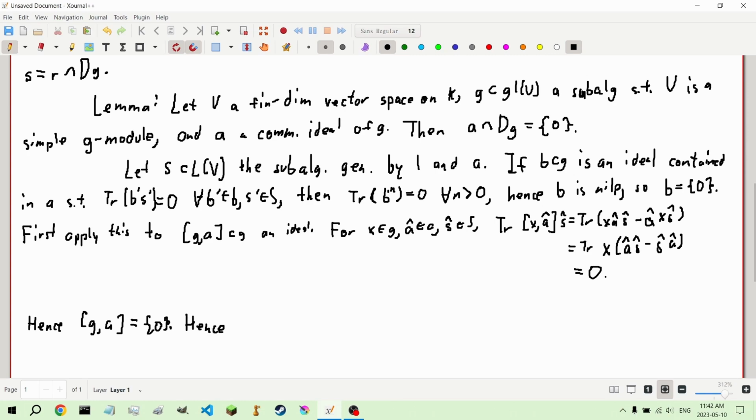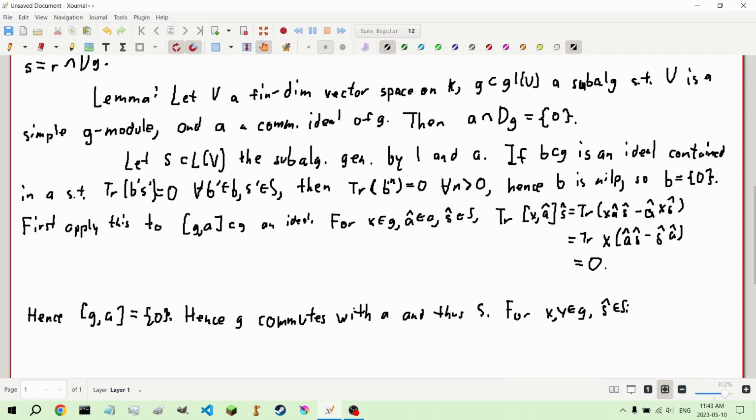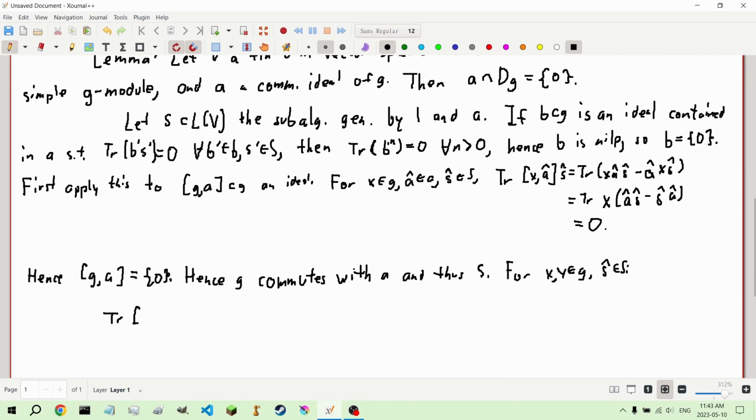Hence, G commutes with A, and thus with S. For X and Y in G, and S hat in S, similarly we have that the trace of the bracket of X and Y times S hat is equal to the trace of X Y S hat minus Y X S hat, which is the trace of X times (Y S hat minus S hat Y).